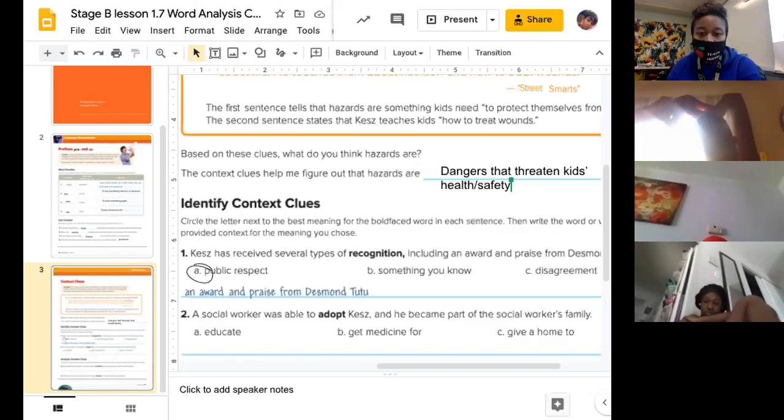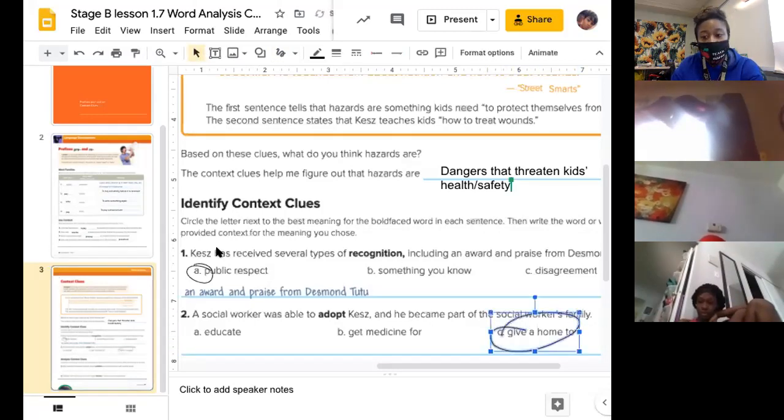And then what is the clue that provided the context for that meaning that you chose? So what clue in that sentence gave you context that that was the right answer?